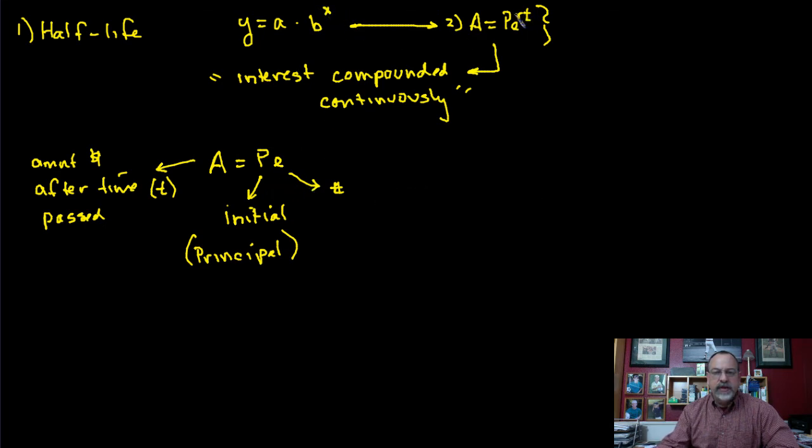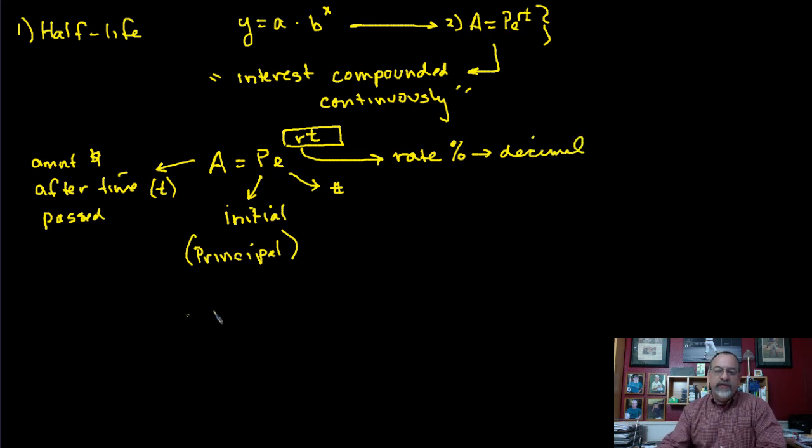Now the X is being replaced by RT. So the exponent is not a single X, it's R and T. Time we already know, or T, is the time that's passed. R is our interest rate, written as a percent, change it to a decimal. Now this is different than the growth factor.